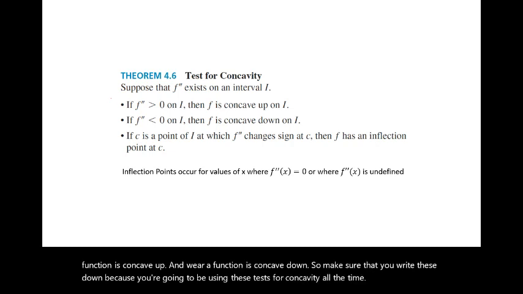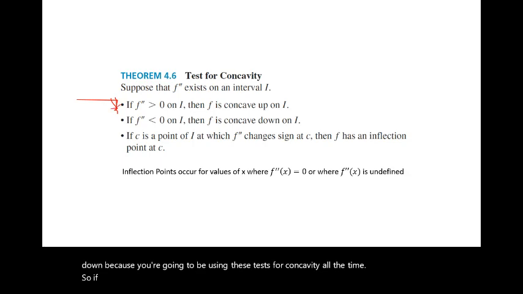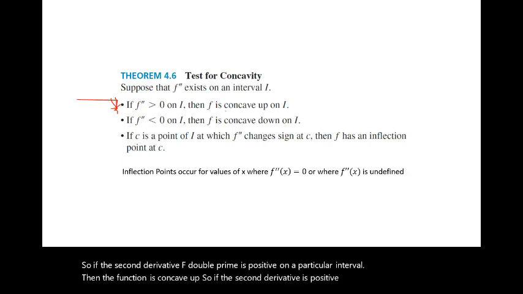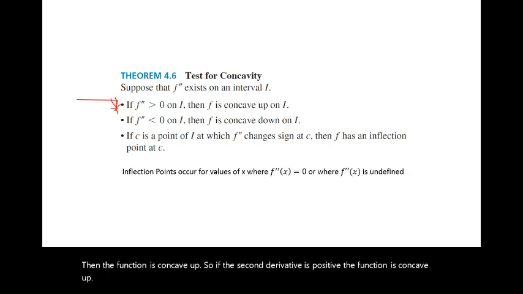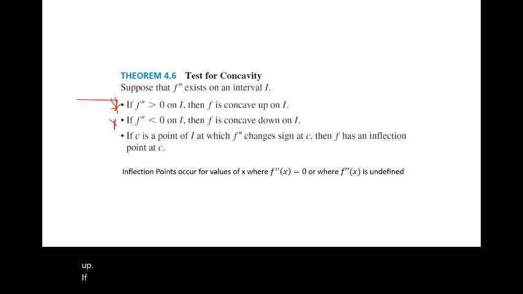So if the second derivative, f double prime, is positive on a particular interval, then the function is concave up. So if the second derivative is positive, the function is concave up. If the second derivative is negative, then the function is concave down.